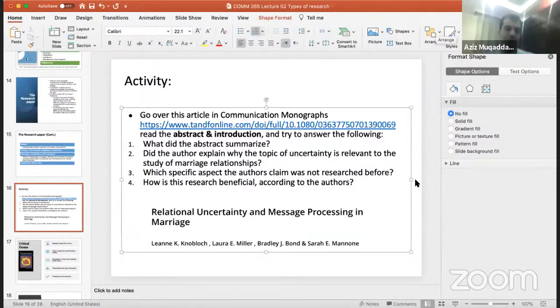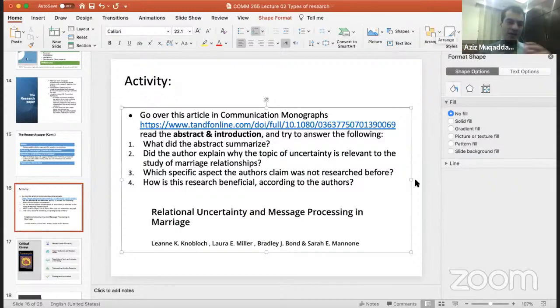Right. So what they're trying to do is show how this specific research would help the study of relationship communication and marriage communication in general. How uncertainty affects the progression of marriage, and under a climate of uncertainty, what other forms of communication we're going to see.